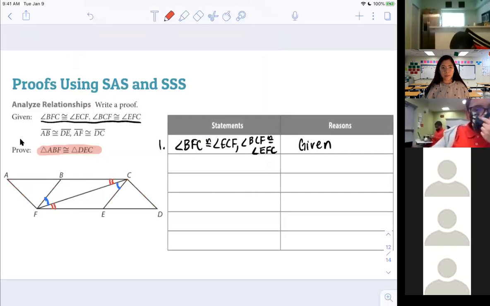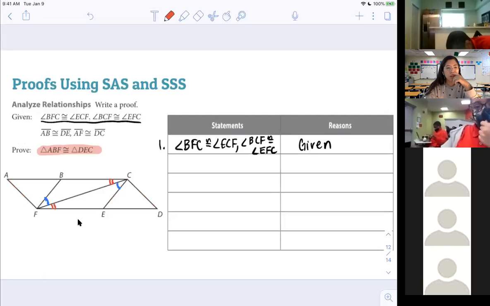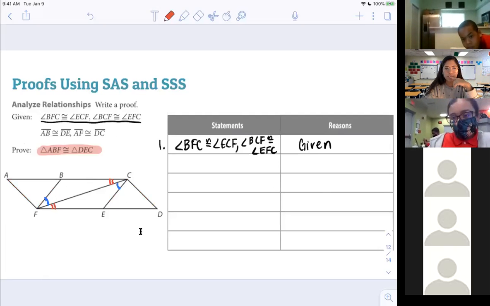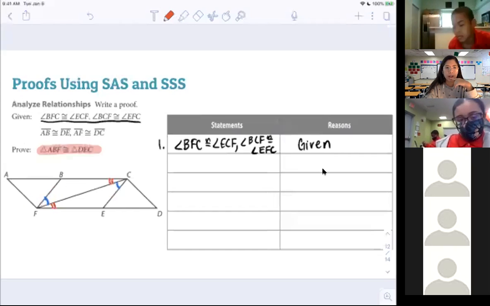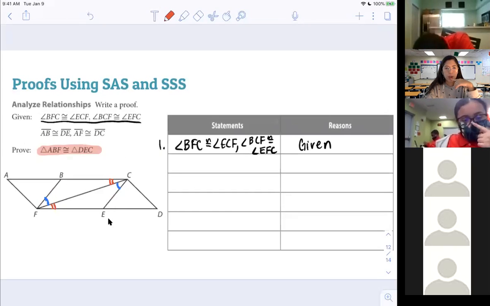All right, so take a look. What type of angles are those? Does that remind anyone of anything? They're acute angles. We know something about triangle BFC and something about triangle EFC.